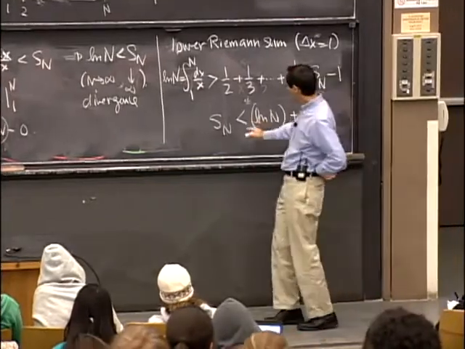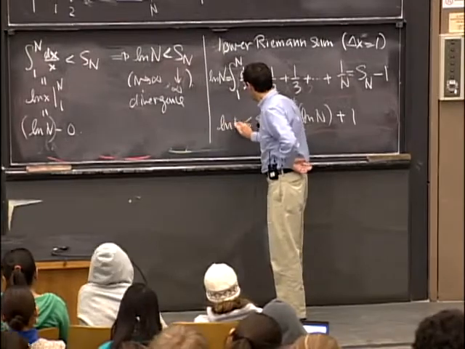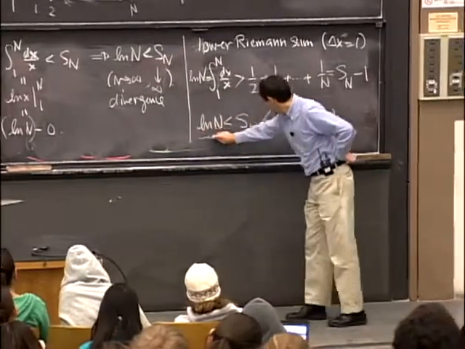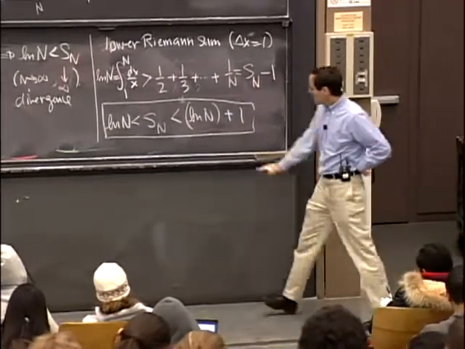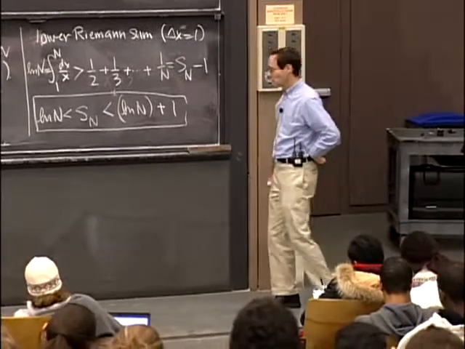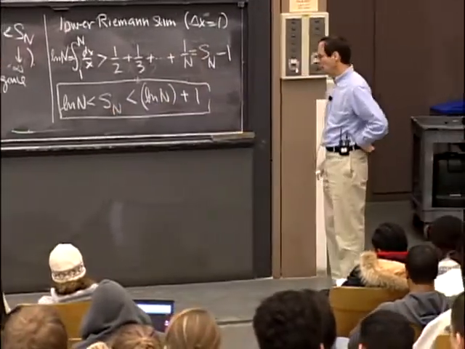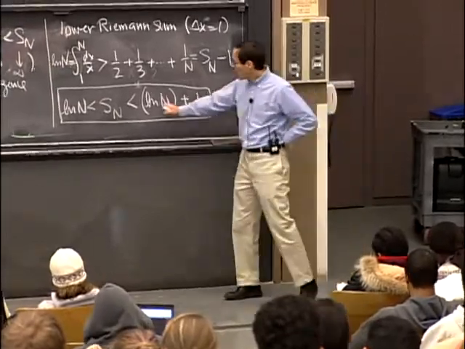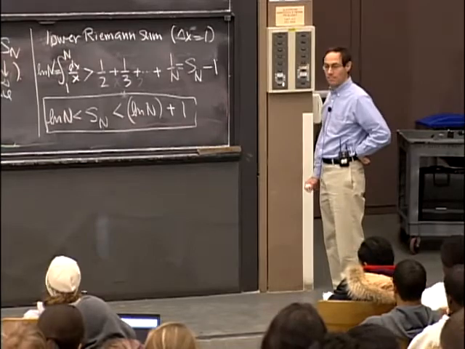And so I've trapped it on the other side. And here I have the lower bound, so I'm going to combine those together. So all told, I have this correspondence here. That is, the size of Sn, which is relatively hard to calculate and understand exactly, is trapped between log n and log n plus 1.